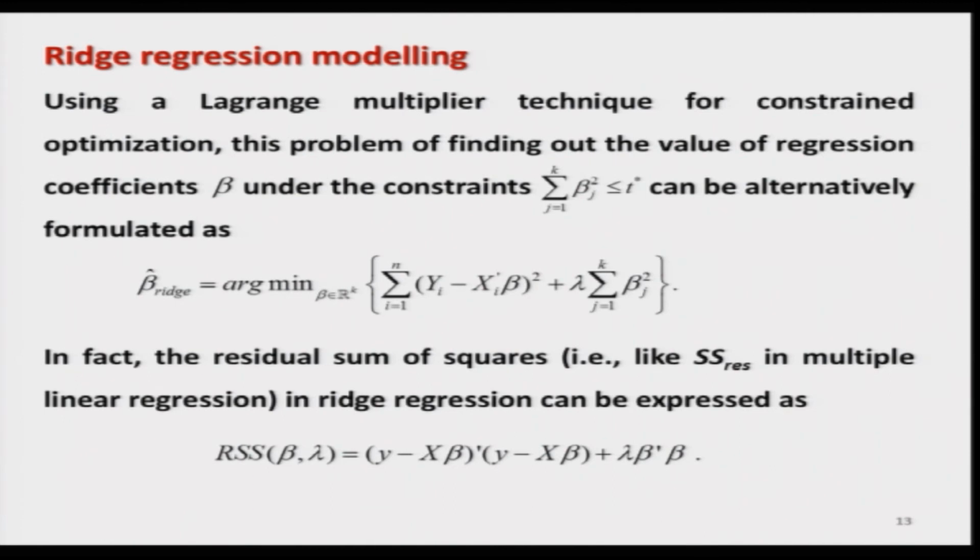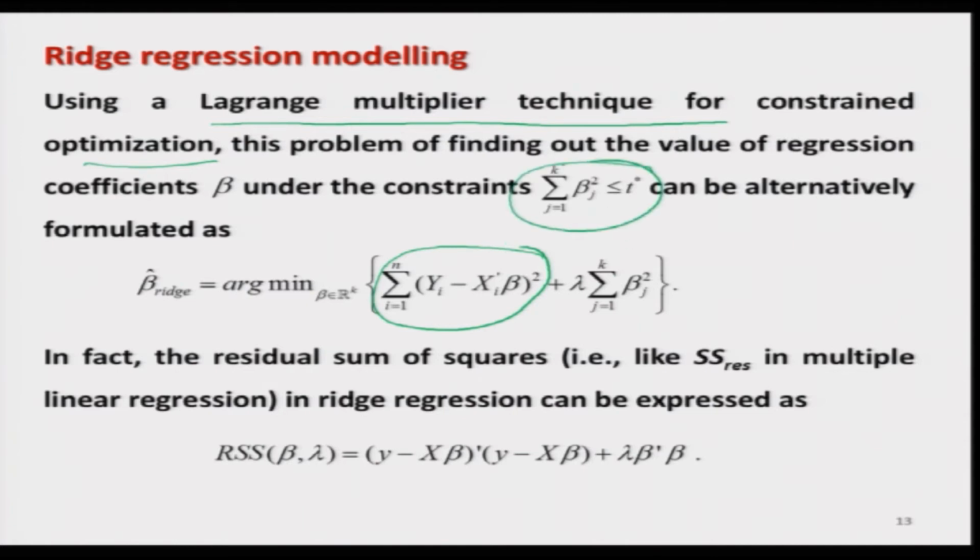So, how do we obtain it? In order to obtain the values of betas under the ridge regression setup, we use the Lagrangian multiplier technique for constrained optimization, and we try to find the value of beta such that the sum of squares of random error is minimum and this condition is satisfied.